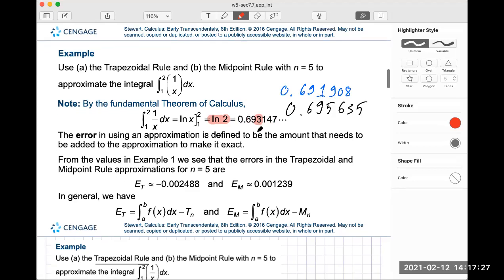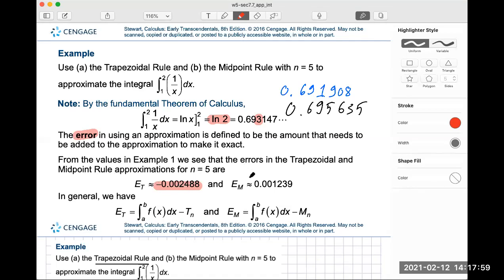So the error in this approximation is defined to be the amount needed to be added to the approximation to make it exact. And the error of this trapezoid rule here is this exact number subtracted by this approximation, which will give us this negative number below.